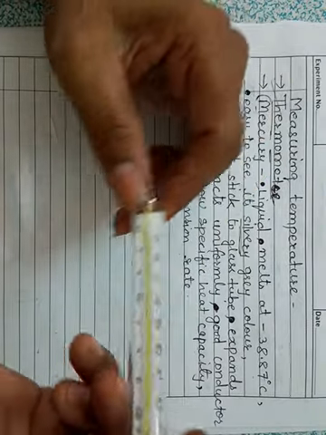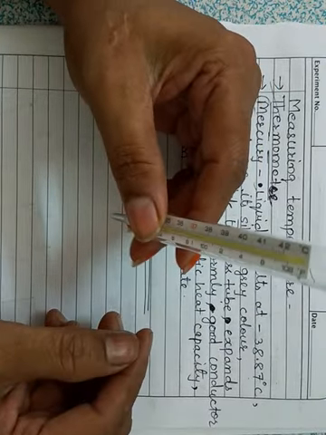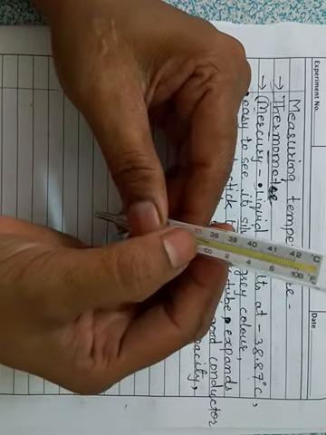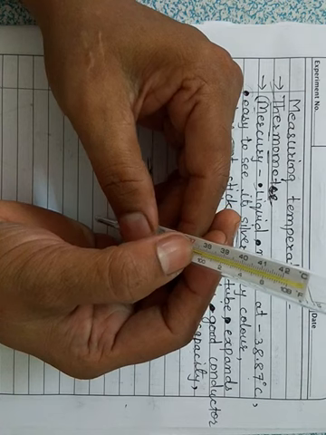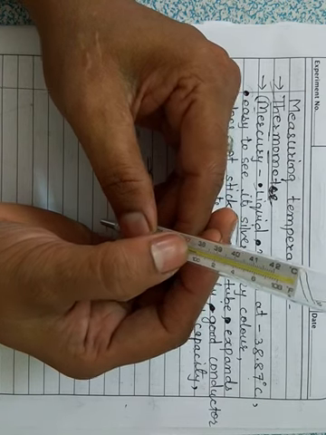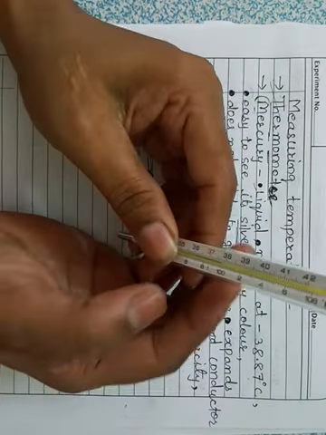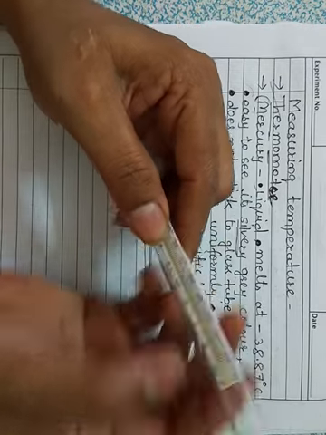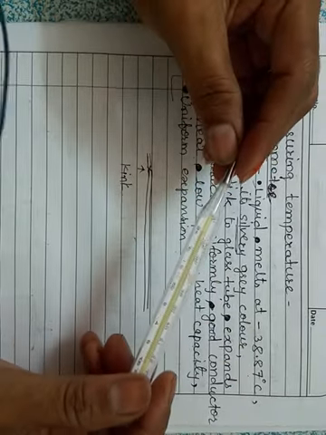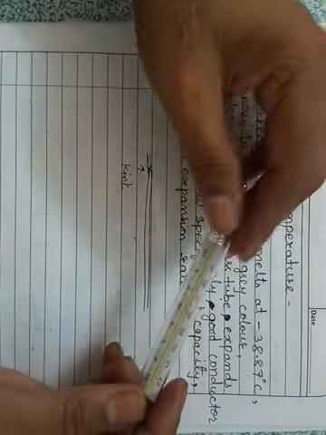So when you read the temperature with this thermometer, you always keep this level or this mark where the mercury is rising in your sight, just in front of your eyes. Then only you can read the correct temperature. Okay, so these are some precautions while taking a reading with the clinical thermometer.